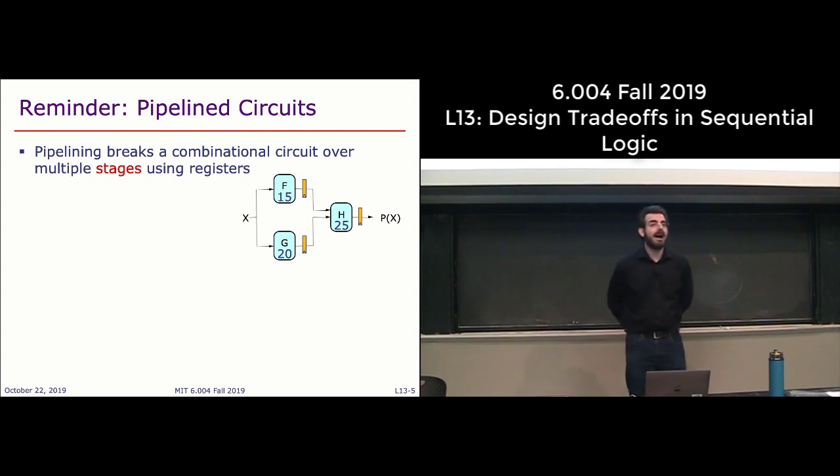And this now has a major benefit over the combinational circuit, right? The propagation delay of this circuit used to be 20 plus 25, 45 time units, let's say 45 nanoseconds. What is the propagation delay of this pipeline circuit? What circuit here is the one setting the propagation delay of every input to output path, or every register to register path?